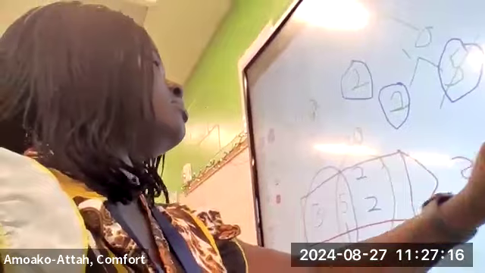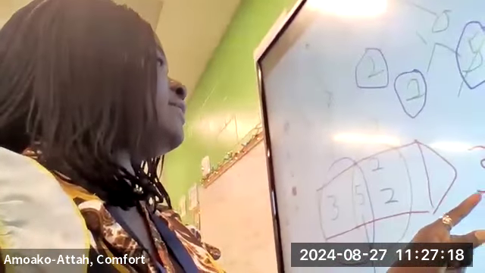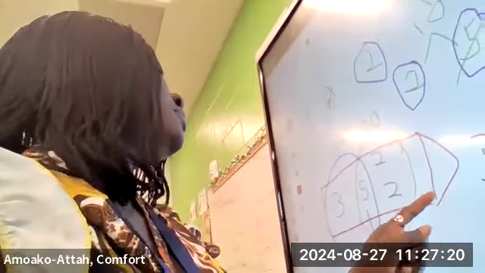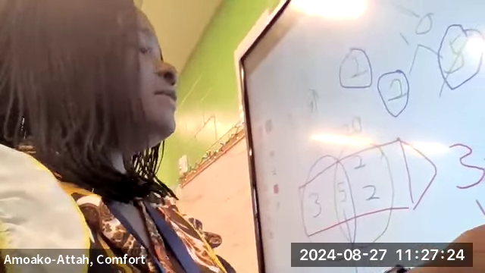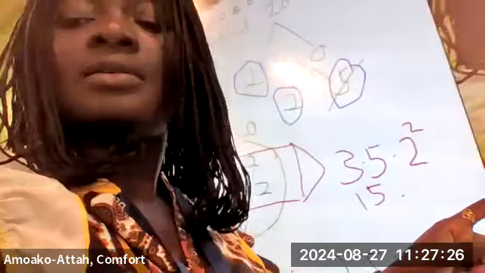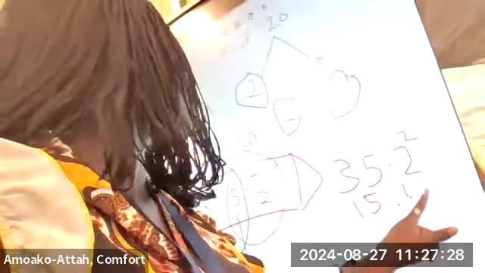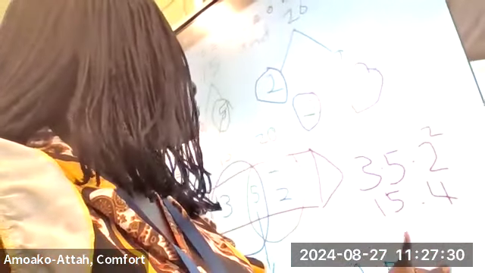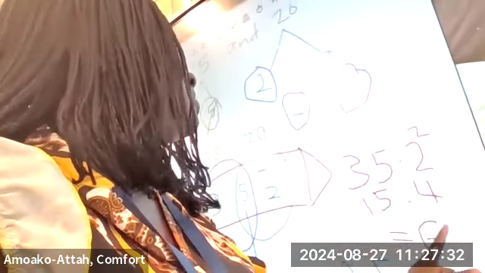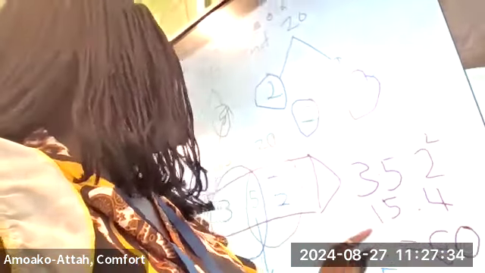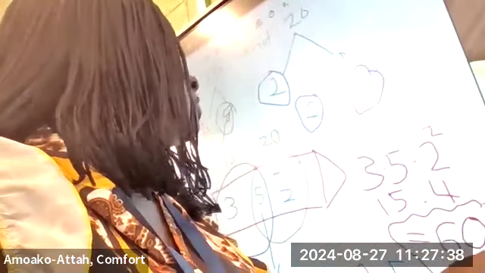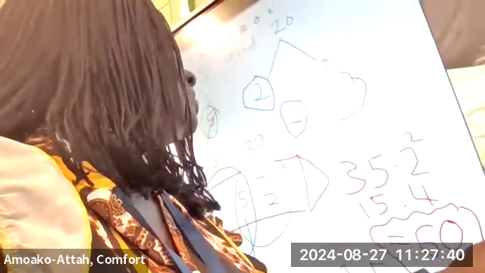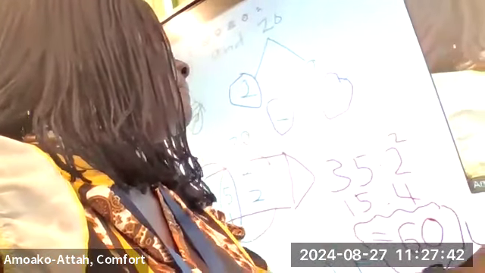So we have 15 times 4. That is giving us what? 60. So it means that the LCM of 15 and 20 is what? 60. LCM is 60. That is that.